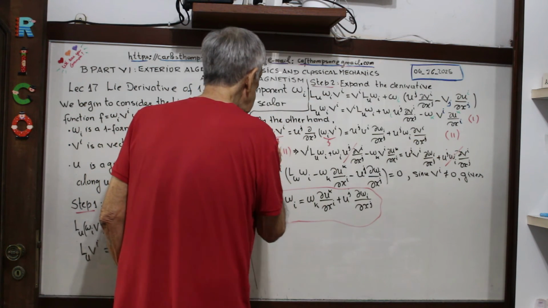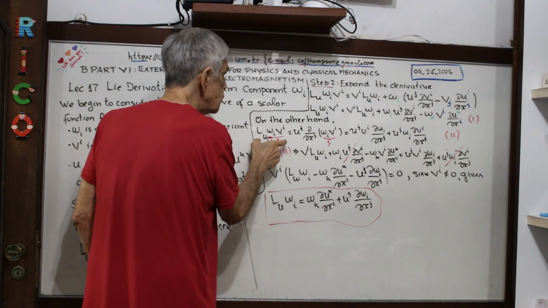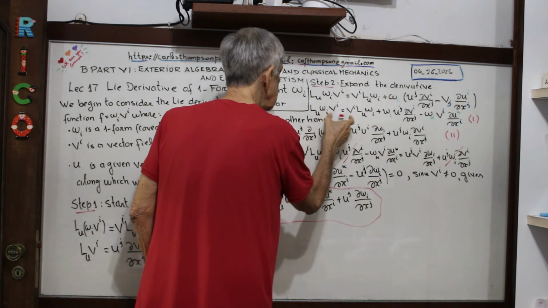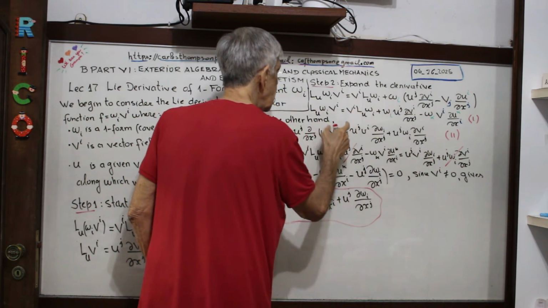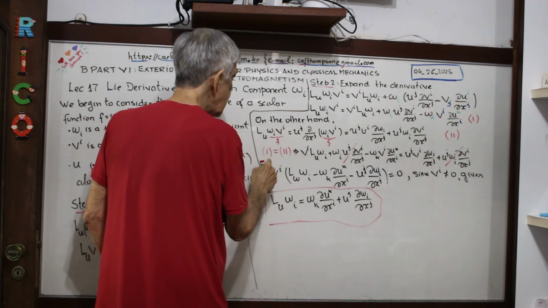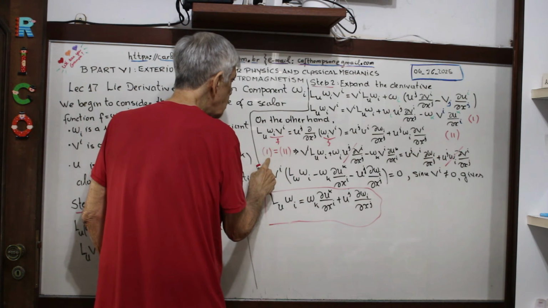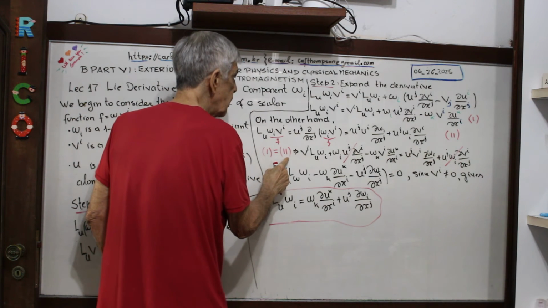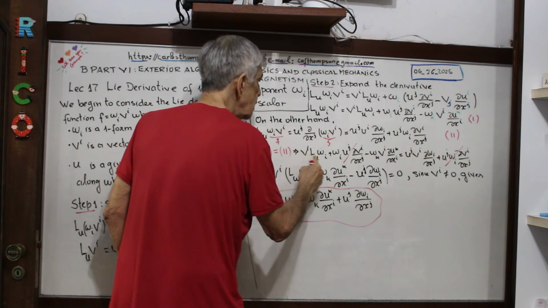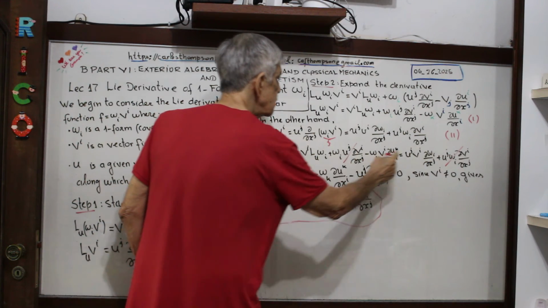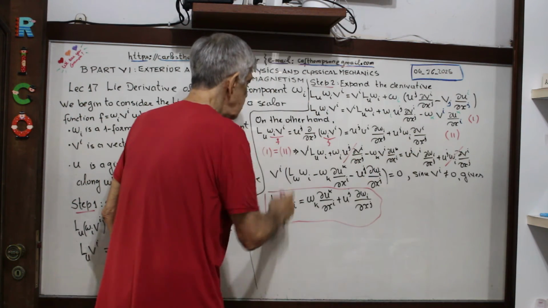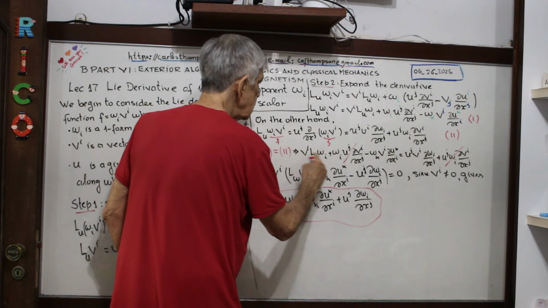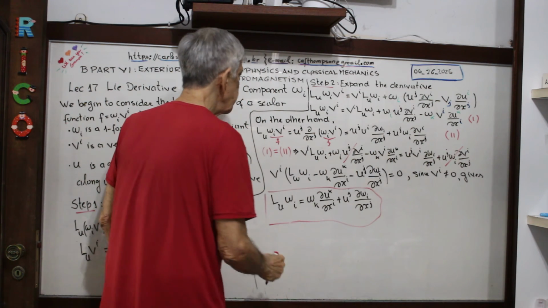You see, this is from equation 2, and this one from equation 1. So equation 1 is equal to equation 2, which implies, this is the left-hand side, this is the right-hand side. Equation 2 is just over here, and equation 1 is just on the left-hand side.